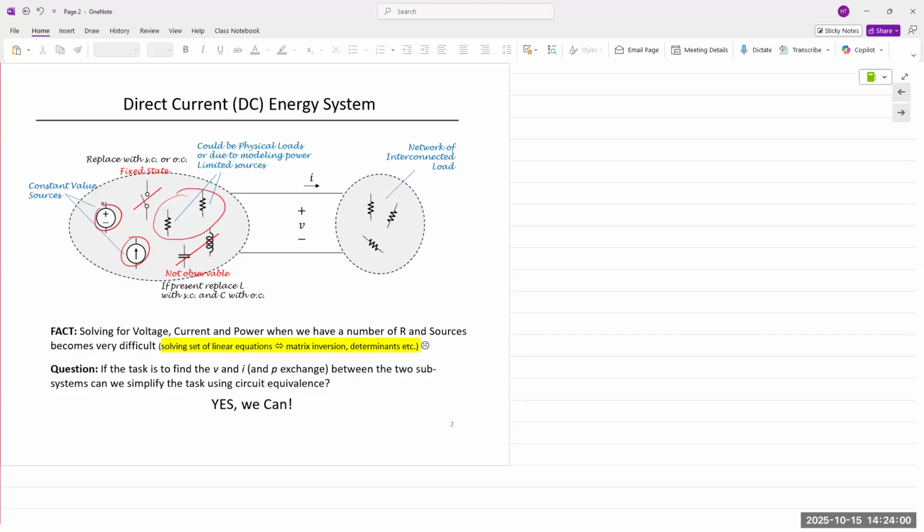Now, you have the circuit and you have another circuit, an interconnected load, that is connected between those two pair of terminals. And so these are the terminals of analysis, or the terminals of interest.